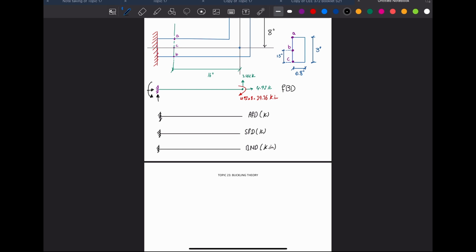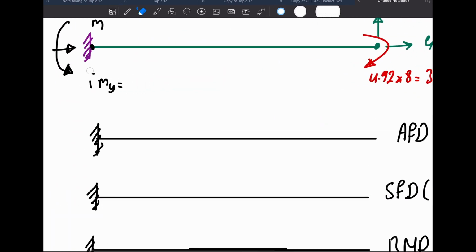If you take summation of y equal to 0, you have 3.44 that looks up, and then plus, let me name this point My. So My is equal to 0, and then I will find that My is equal to negative 3.44, which tells you that my assumption here was wrong. I need to assume it down, and 3.44 kip.